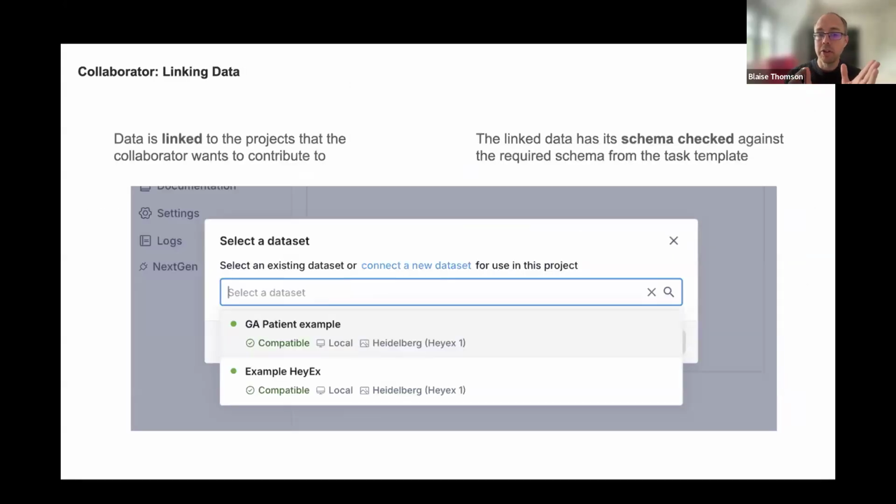But this is a solution where the data custodian who's connecting their data is the one who's kind of making sure that it aligns with the schema that was required by the task. So our tasks have a kind of expected schema, and the data custodian has to connect up the right data to make sure that it's compatible with that schema.